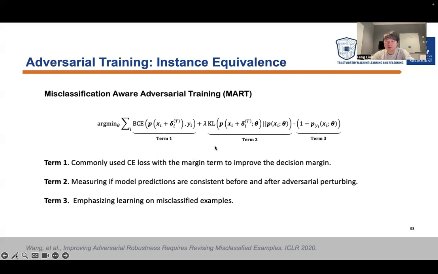The second term measures if the model predictions are consistent before and after adversarial perturbing. So we want the prediction before and after adversarial perturbing to be maintained. And term three, we want to emphasize the learning on misclassified examples. So if it is misclassified, we want to ensure it has more weight to be considered. Okay.